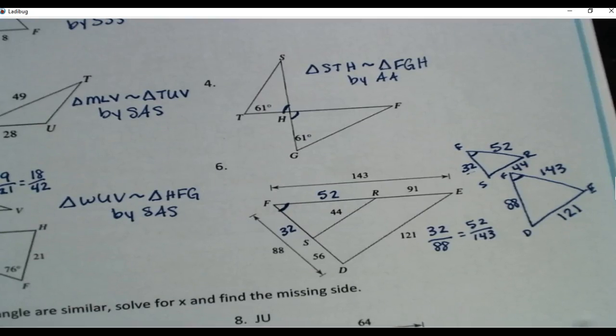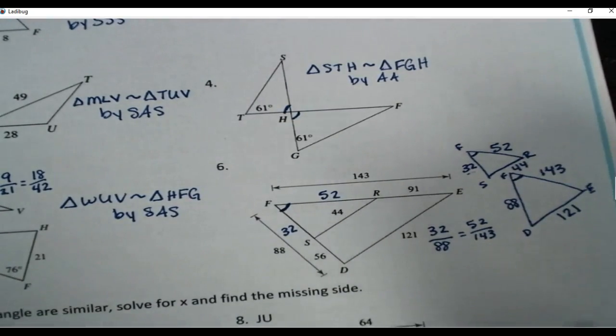Are they the same? Yes, both of them should give you 0.36 repeating.